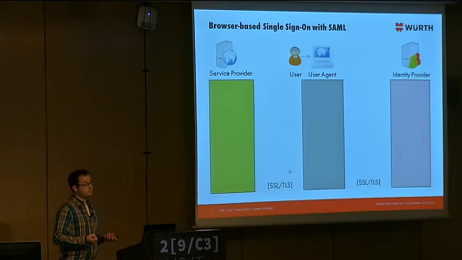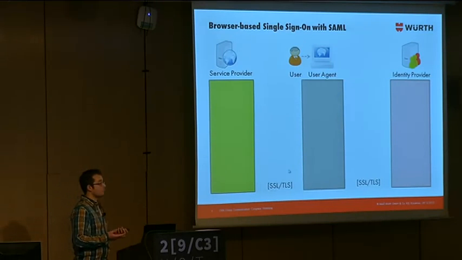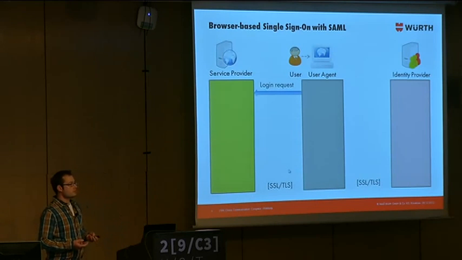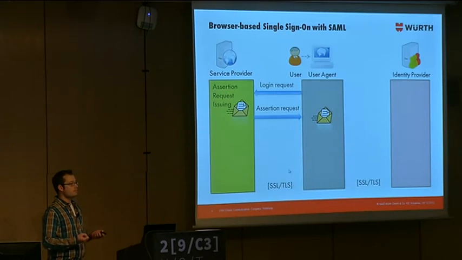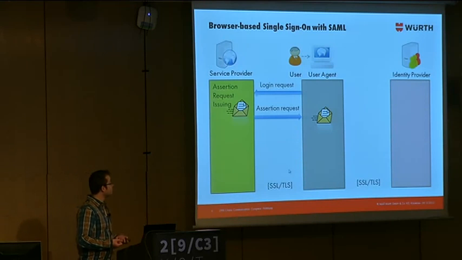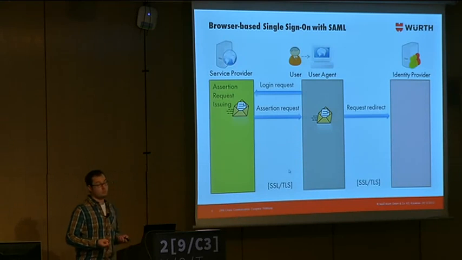And last but not least, a service provider, which offers a service or a restricted resource. So, first, the user navigates his user agent to a protected resource on the service provider. The service provider then issues an assertion request and sends this request back to the user agent, and then it gets automatically forwarded to the identity provider.